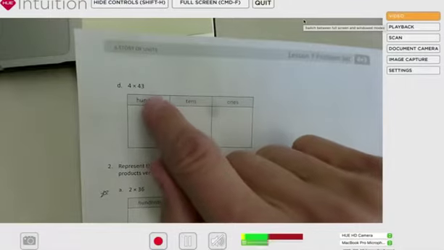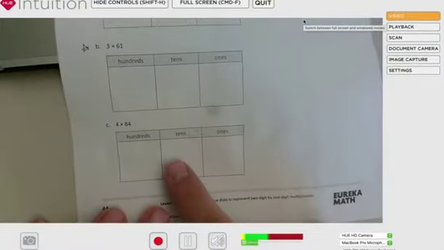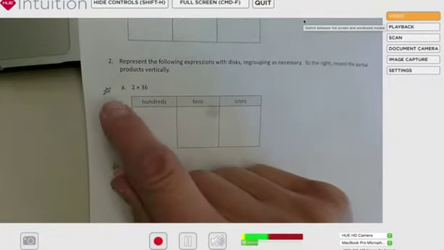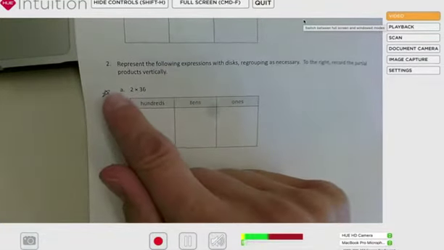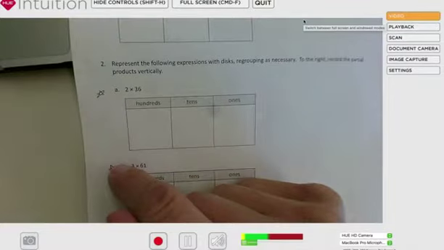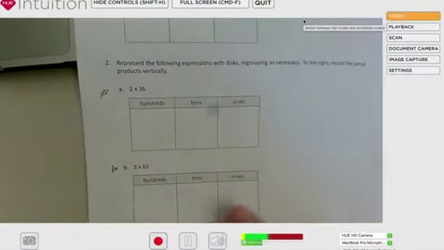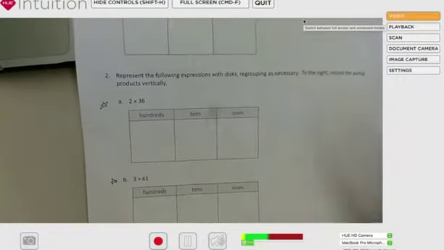I will do this one with you as well, and I will do the very last one with you. So put a little smiley face or a star or whatever you wish next to 2A and 2B. These are the 2 that I'm going to leave blank, and you are going to try on your own. And I truly believe that you can do this.